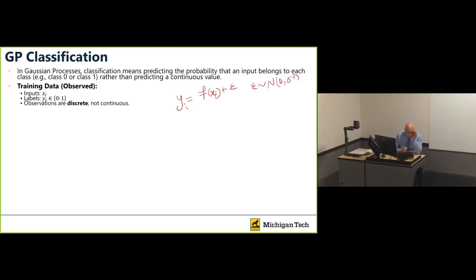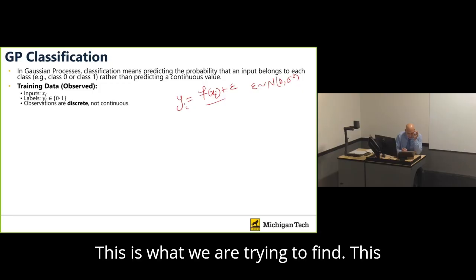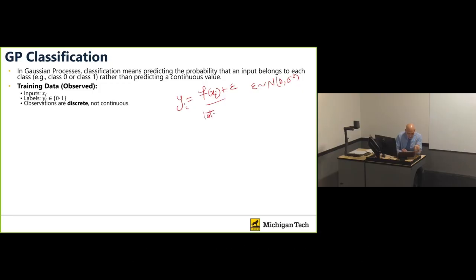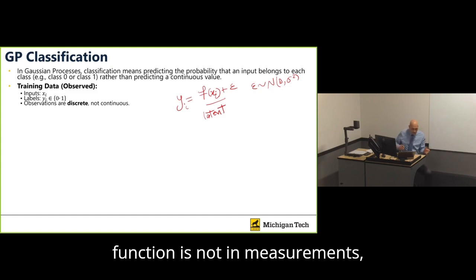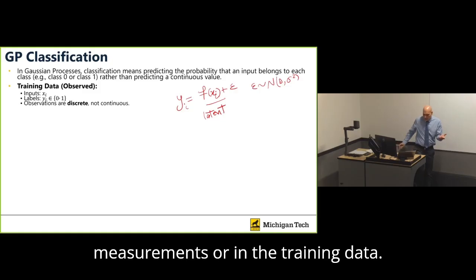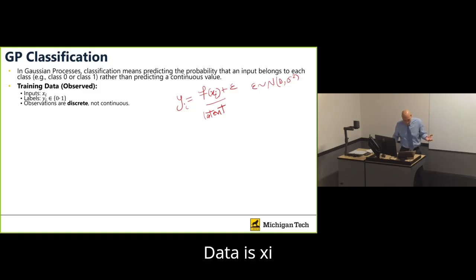So yes, this is what we are trying to find. This is a latent function. Latent in the sense that this function is not in the measurements or in the training data. The data is x_i and y_i.